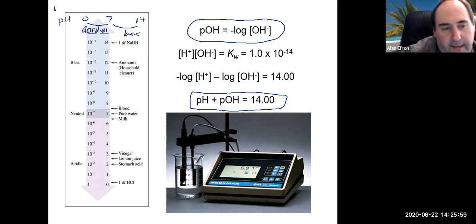If you run the pOH scale, 0 to 7 is basic, above 7 to 14 is acidic. So they actually run opposites of each other. So this is definitely the place where people end up giving two answers for the same question.